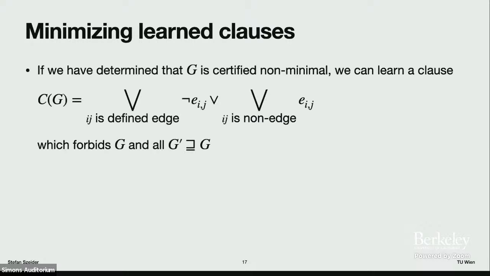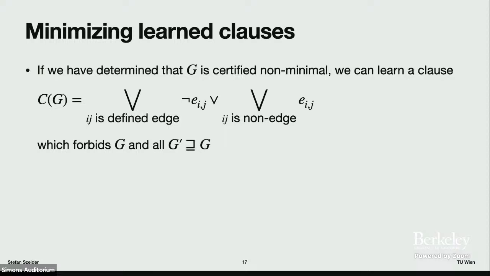And then once we have determined that this is non-canonical, for our partially defined graph it's easy to define a clause. We have a disjunction which says at least one of the defined edges should not be there, or at least one of the non-edges is there.